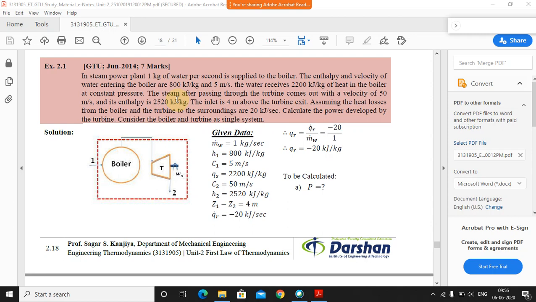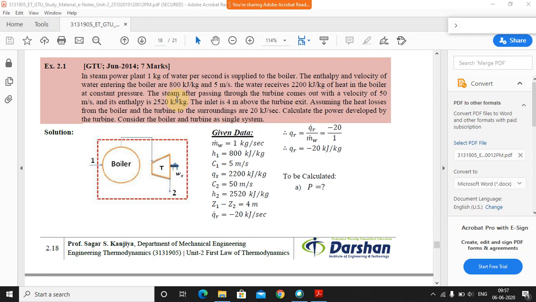Then the next thing is that the steam after passing through the turbine comes out with a velocity of 50 meters per second. So C2 is given as 50 meters per second. Just write down C2 as 50.